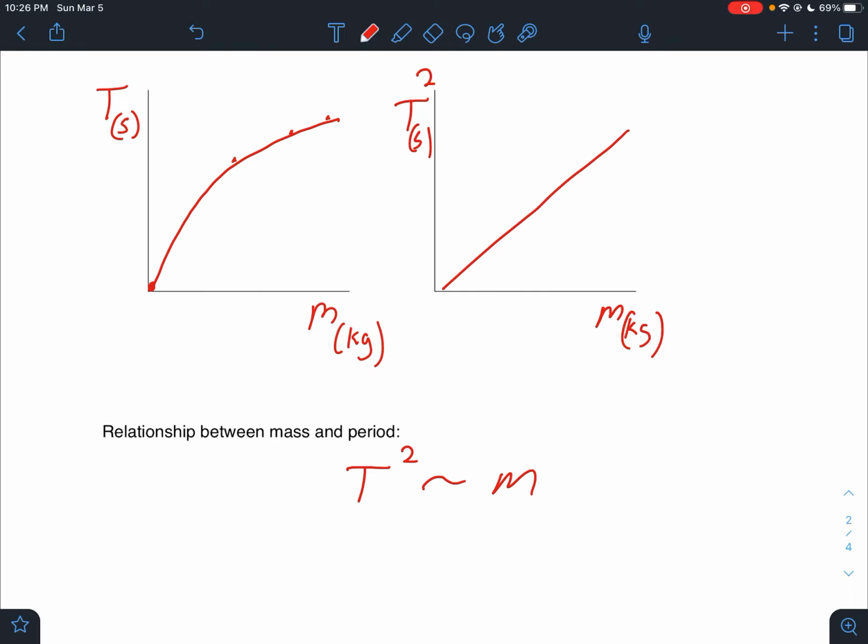That symbol, that little squiggly line, is the symbol for being proportional, or you can do this little thing that I call the fishy thing. Either one would represent proportional. It's not exactly equals because there's other things that might be going on to impact the period. Another way to write this would be to say period is proportional to the square root of mass. And that's it. So we'll come back to that in a few moments.